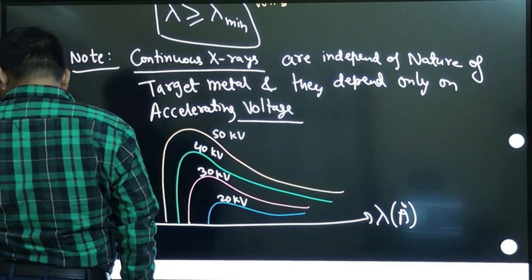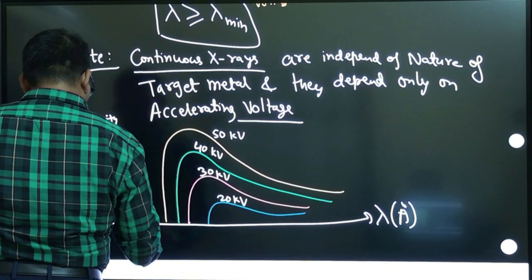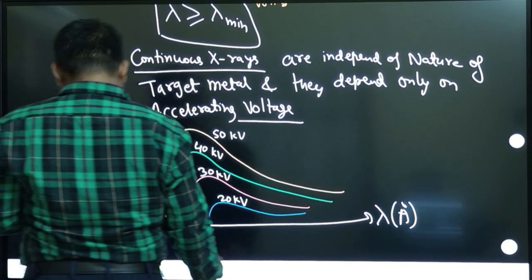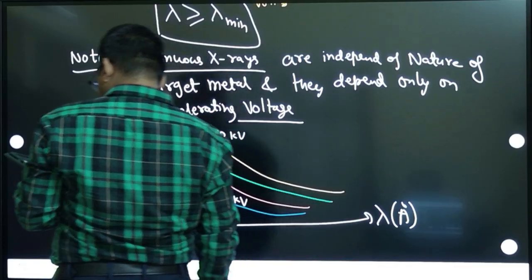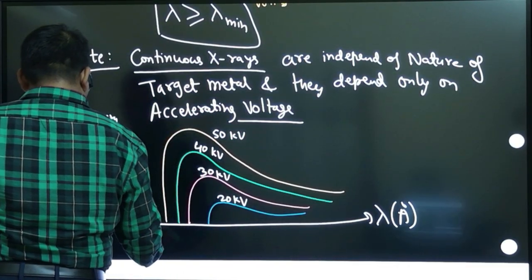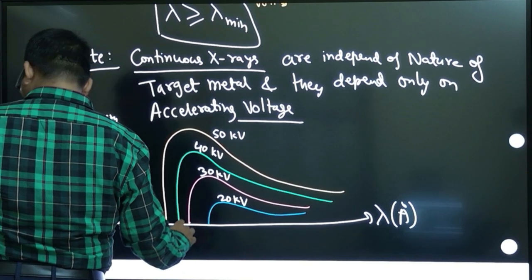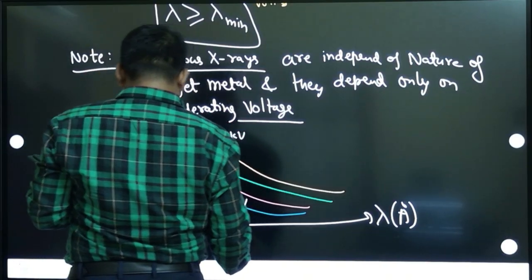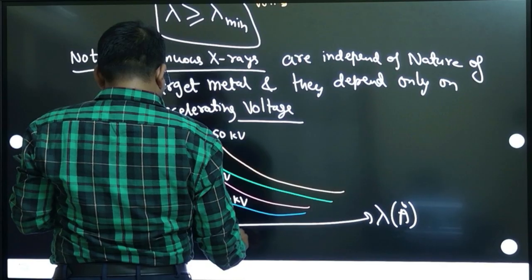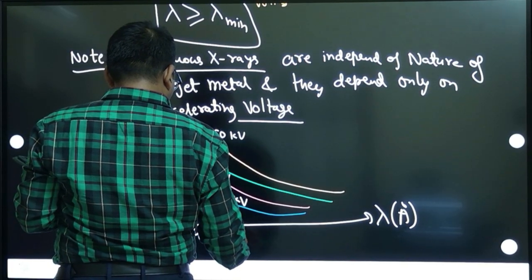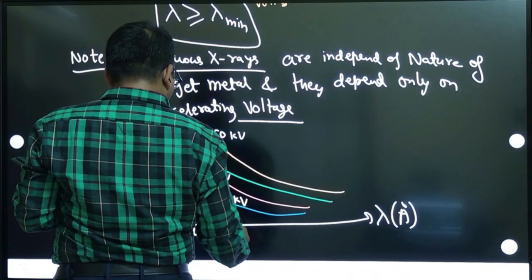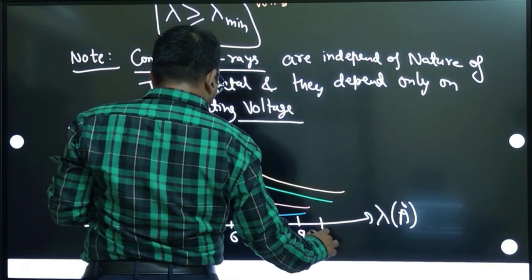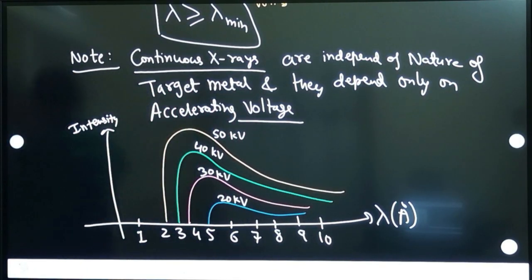And the wavelength values are in angstrom: 1 angstrom, 2, 3, 4, 5, 6, 7, 8, 9, 10, like that.